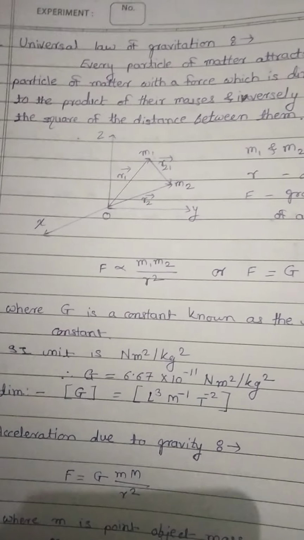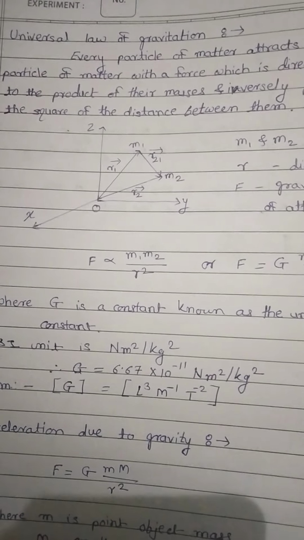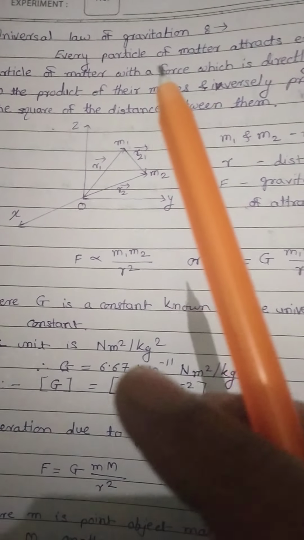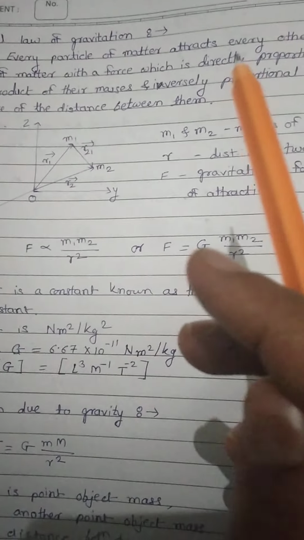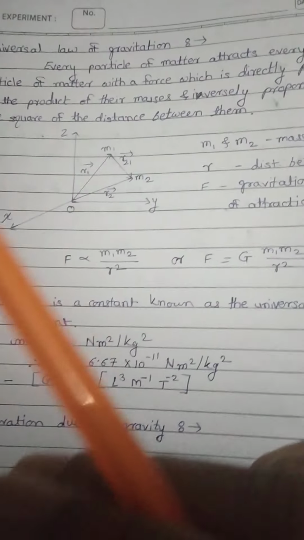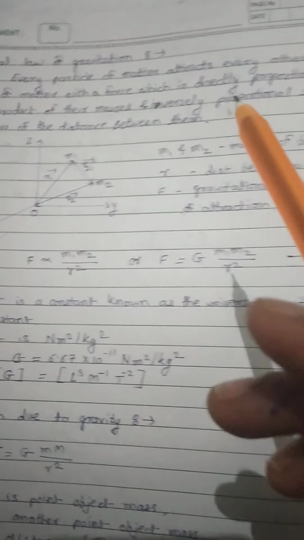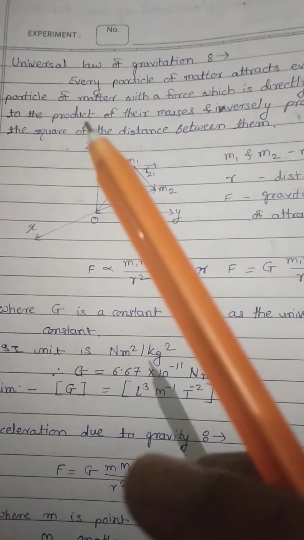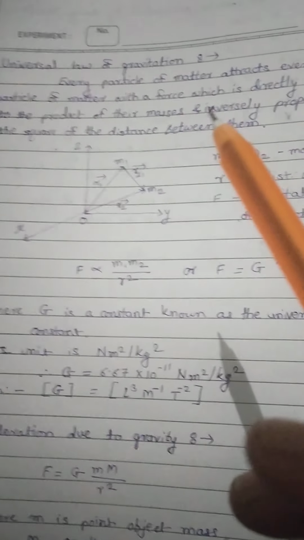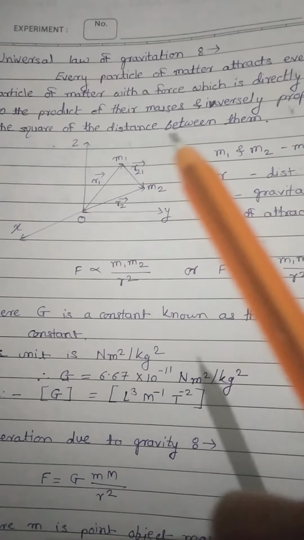So first see the statement of the universal law of gravitation. Every particle of matter attracts every other particle of matter with a force which is directly proportional to the product of their masses and inversely proportional to the square of the distance between them.